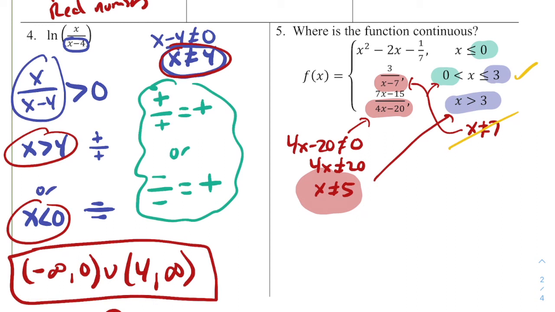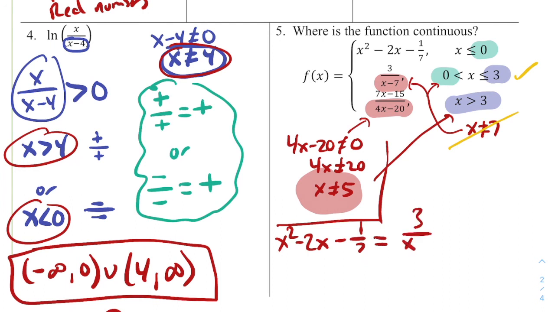we want to check to make sure that this function is continuous when x is equal to 0 and x is equal to 3. Like what we did in the last section, if it's going to be continuous, we would need the two parts, specifically this part of the function, to be equal to this part of the function when x is 0. So let's check that out. X squared minus 2x minus 1 over 7 would have to equal 3 over x minus 7 when x is equal to 0.